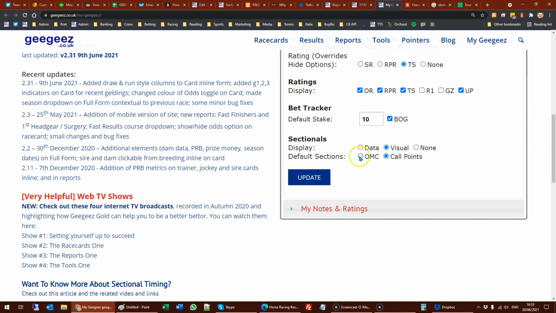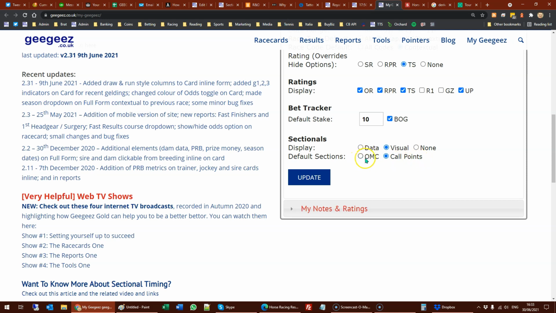And then you can choose the number of sections. So remember, sectionals relate to the time spent in various chunks within a race. And these OMC and call points basically break the race up. Call points is 5 sections, 5 chunks, as close to fifths as we can get them generally.